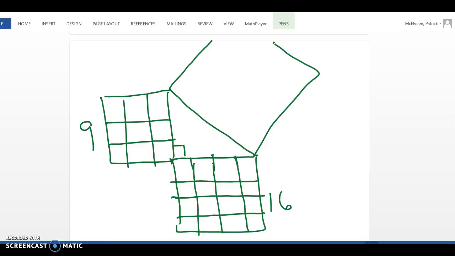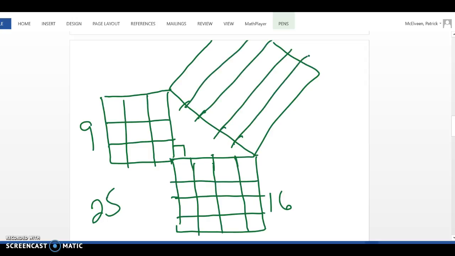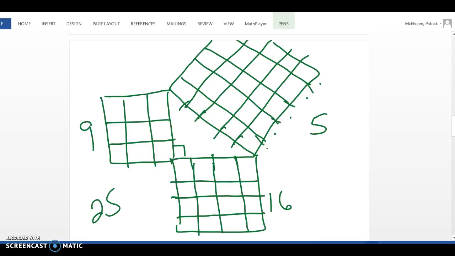So we take 9 and 16, add them together, and we get the number 25, which means that this side here, for it to be a right triangle, must equal a square that is 25 blocks, which means that the side must be 1, 2, 3, 4, 5. So you'll notice 25 blocks, 9 blocks and 16 blocks. When we add those two blocks together, we get the same value.